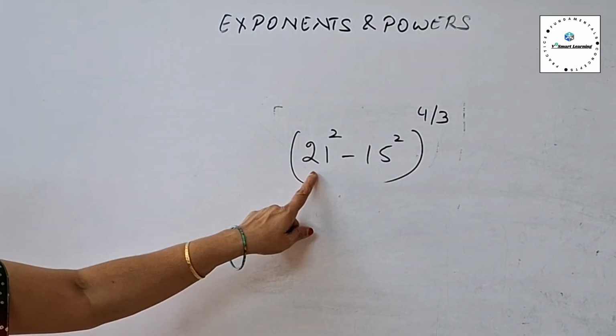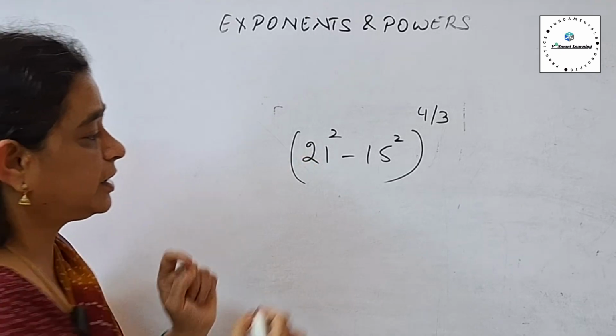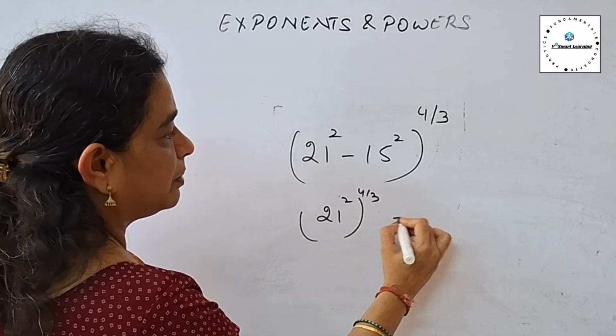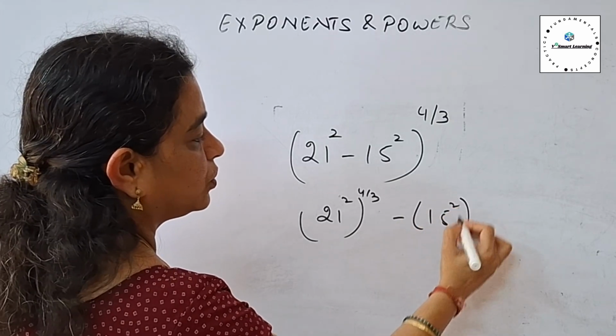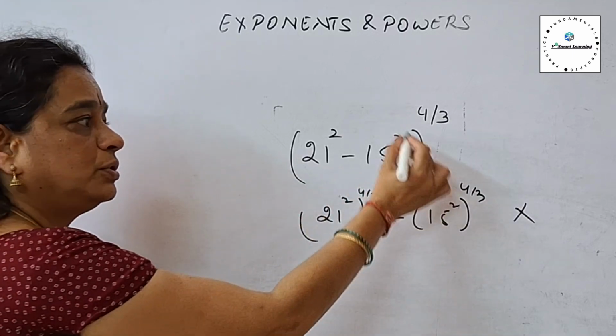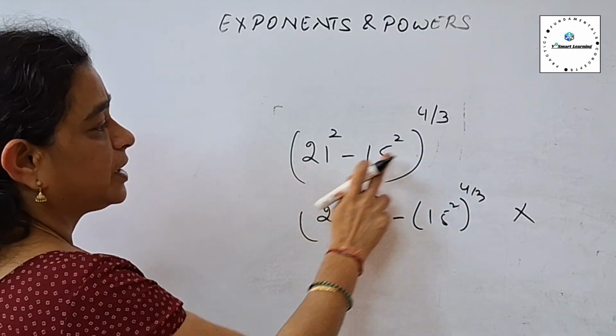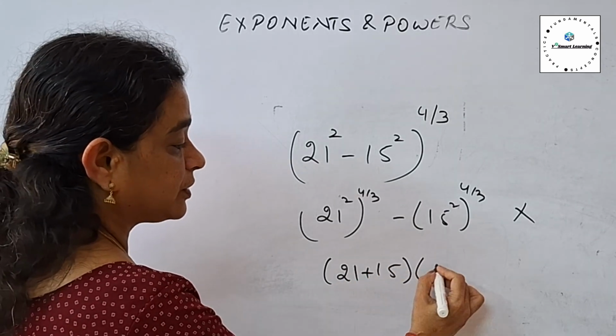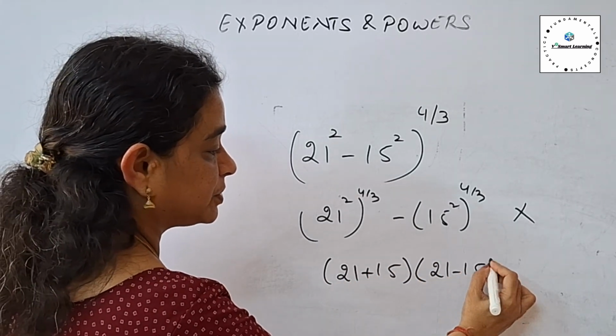Okay. So a squared minus b squared, and I told you again, you can't write this as 21 squared whole power 4 by 3 minus 15 squared whole power 4 by 3. This is wrong. So first you finish the bracket. What is a squared minus b squared? It is (a plus b) into (a minus b). Please use your algebraic identities wherever possible.